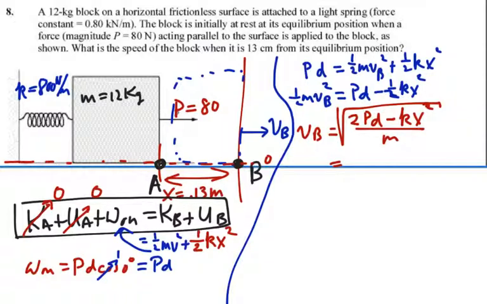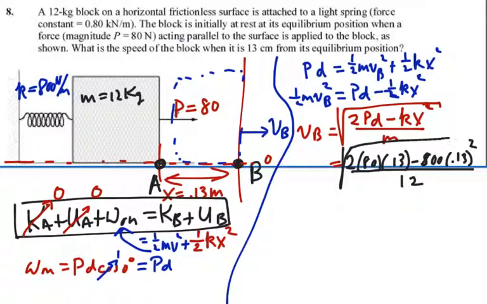So that is equal to 2 times 80 newtons times D, which is 0.13 meters, minus 800 times 0.13 for x squared over the mass, which is 12 kilograms, all this square root.